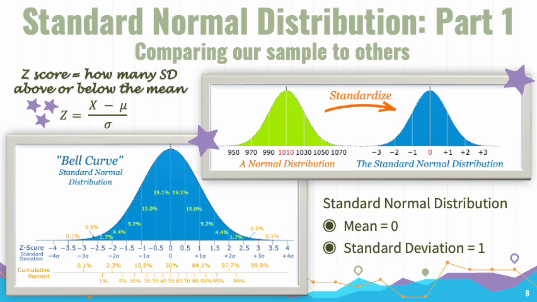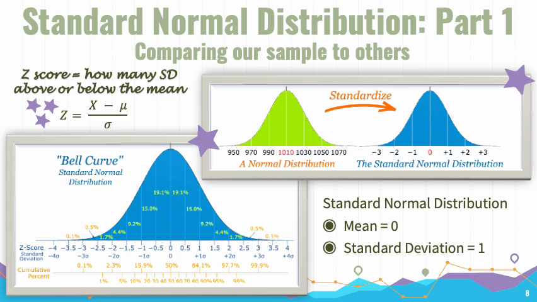Therefore, when we are calculating a z-score, 68.3% of z-scores are going to fall between plus and minus 1 because remember, the z-score is the number of standard deviations from the mean.